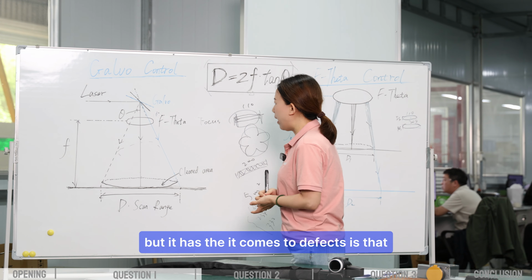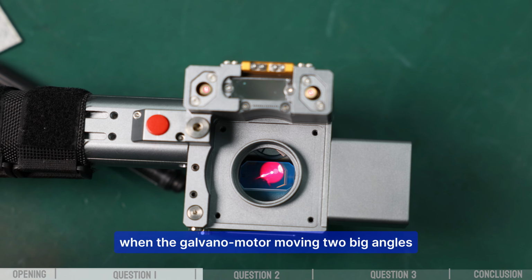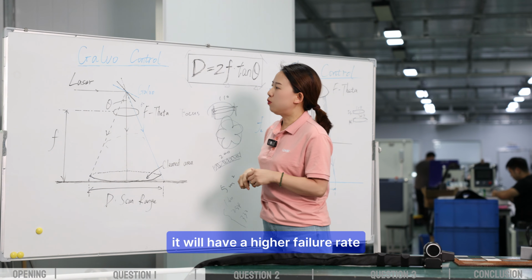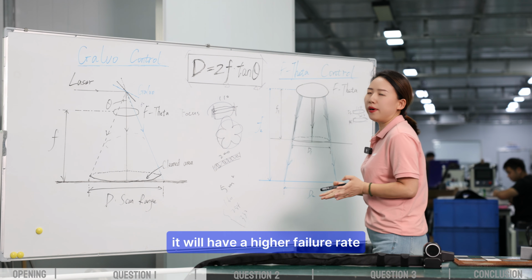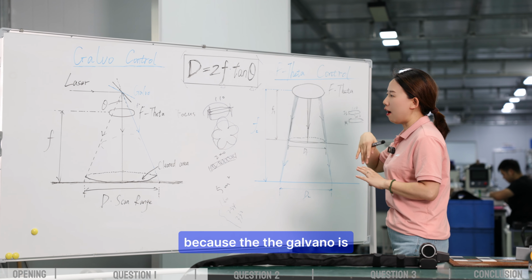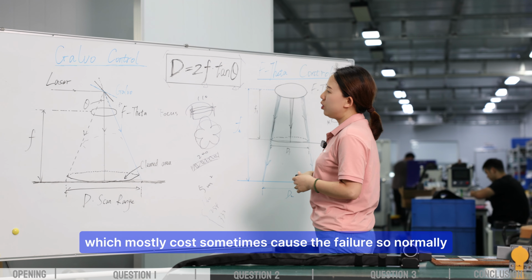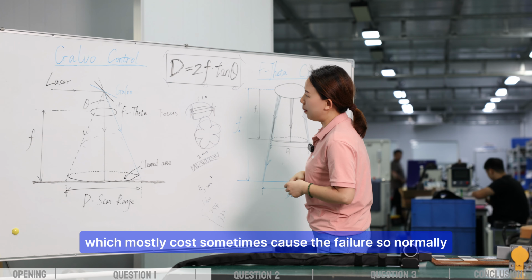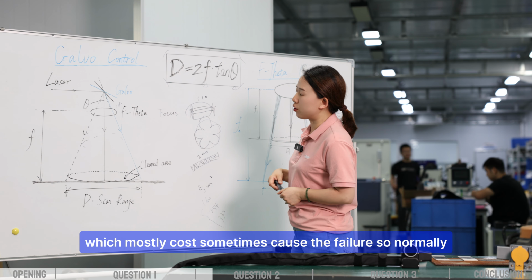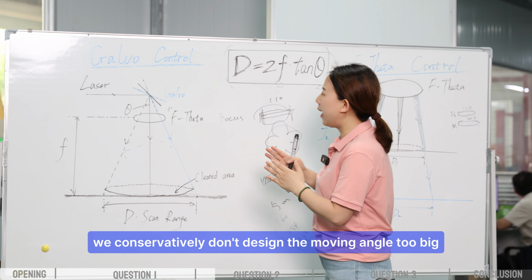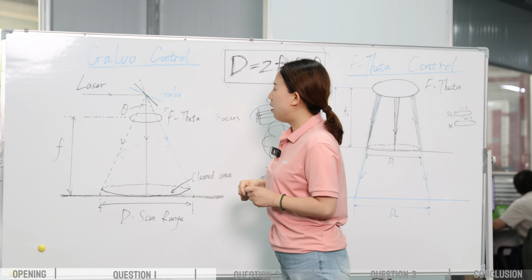But the defect is that when the galvanometer moves at too big an angle, it will have a higher failure rate, because the galvo is the always-moving part inside the head, which sometimes causes the failure. So normally we conservatively don't design the moving angle too big.